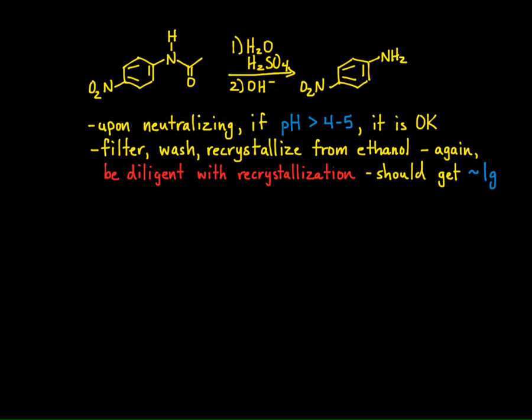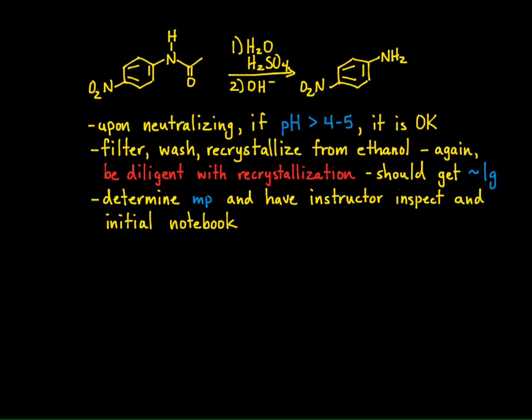Simply filter the product and wash with water. Again, you have to recrystallize the product with ethanol. Be careful at this stage, and you will get at least 1 gram of product. Determine the melting point of the para-nitroaniline, and have your instructor inspect and initial your notebook.